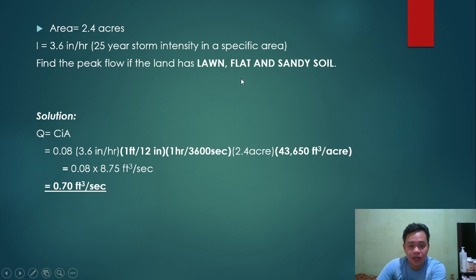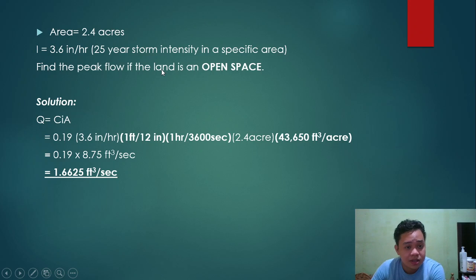So this is for lawn, flat, and sandy soil. Next is for open space with the same intensity and same area. Substitute the coefficient, converting it to cubic feet per second and also acre into cubic feet. Then we get the value of 1.6625 cubic feet per second.